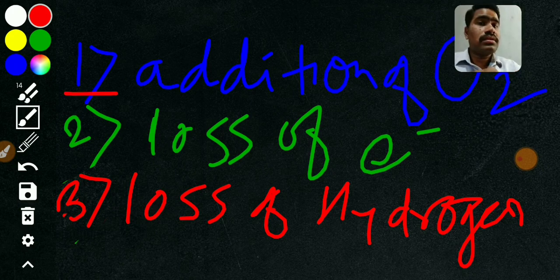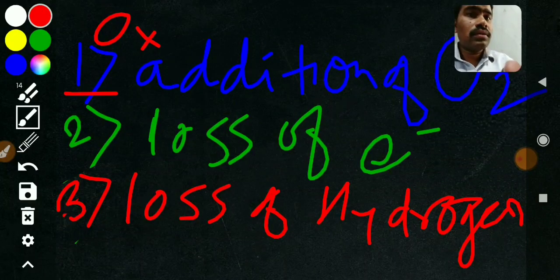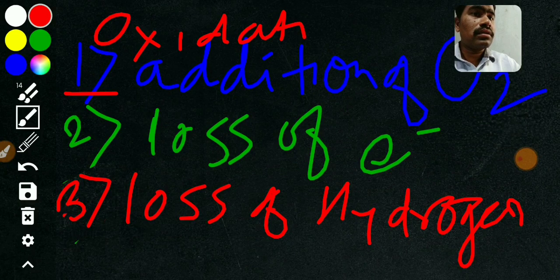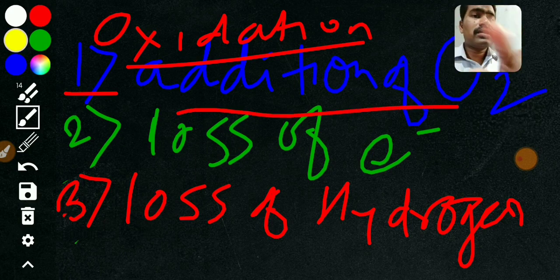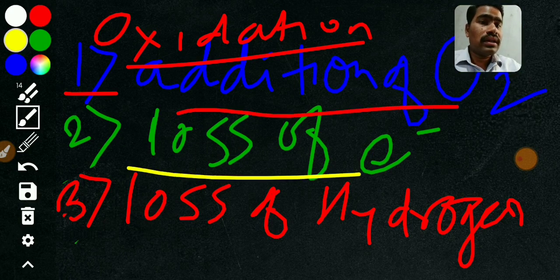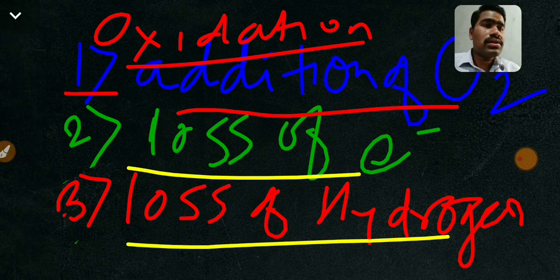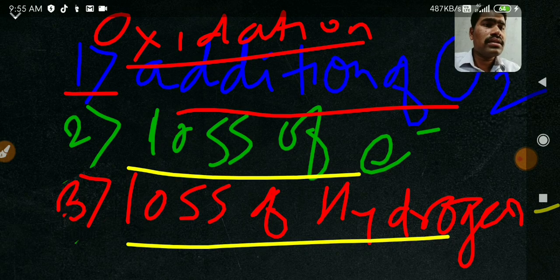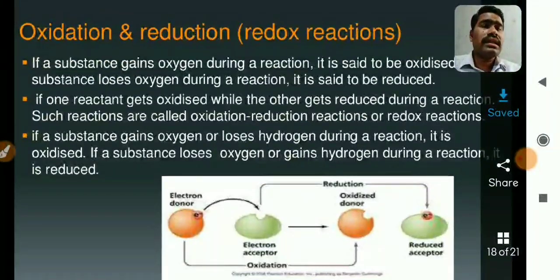The first definition is addition of oxygen, the second is loss of electron, and the third is loss of hydrogen. These are all the parts and parcel of the oxidation reaction, the ways by which oxidation can be defined.